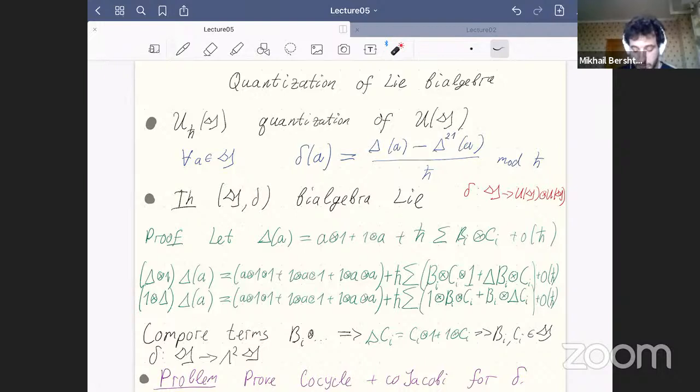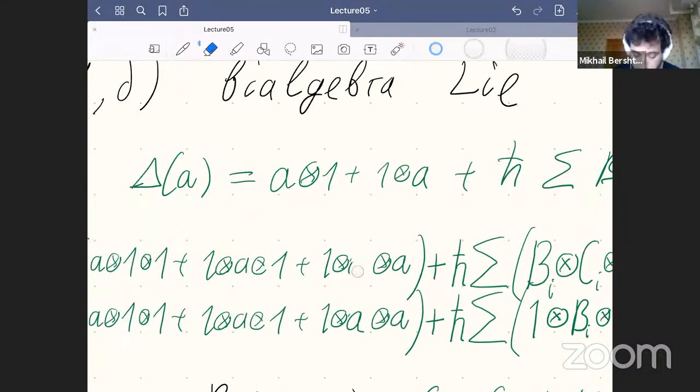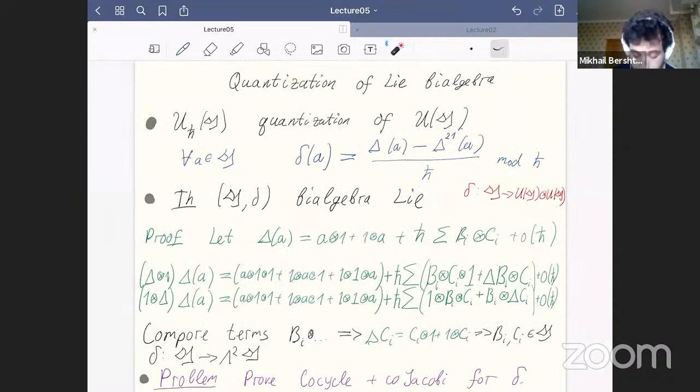Now, if you apply delta to the first factor, delta of 1 is 1 tensor 1, since delta is an algebra homomorphism. And so here we should have this factor. And let me correct the misprint. And if we apply delta to this, we keep only zero orders.